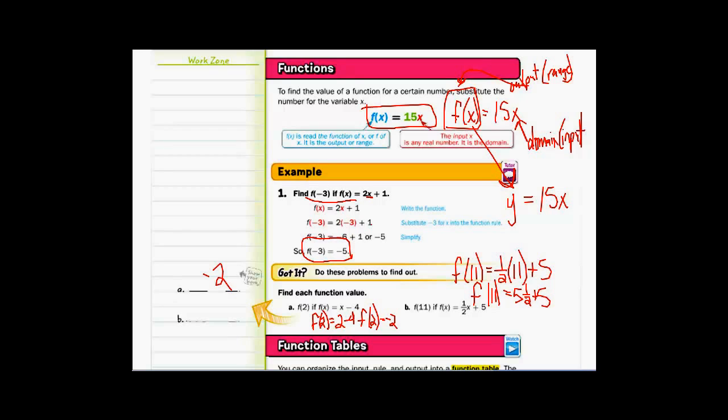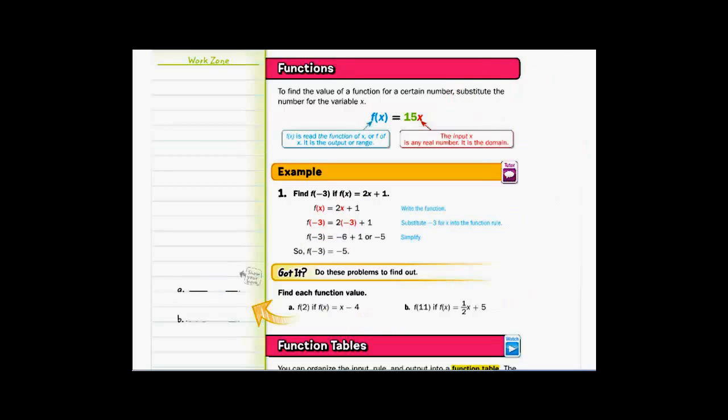So my answer, 10.5. Okay, so if you don't get caught up in the fact that you've got f of x's and replacing things, you should be good. Okay? So let's erase that and move on down and see what else this has in store for us.